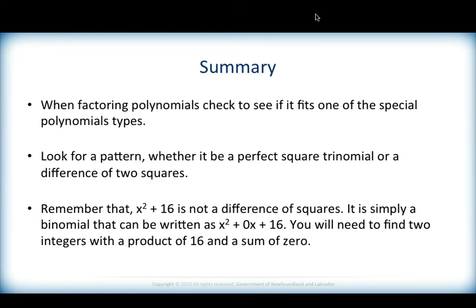It is only an addition. It is simply a binomial that can be written as x squared plus 0x plus 16. You will need to find two integers with a product of 16 and a sum of 0. So the only time we can have a difference of two squares is when those two perfect squares are between a subtraction symbol.